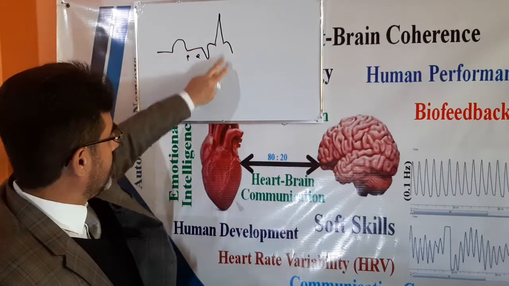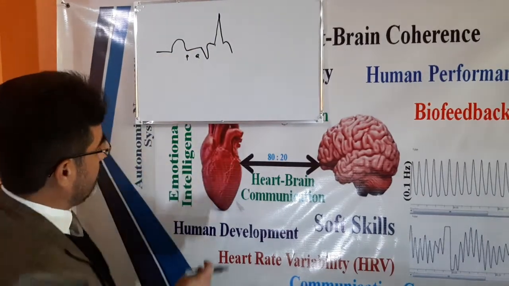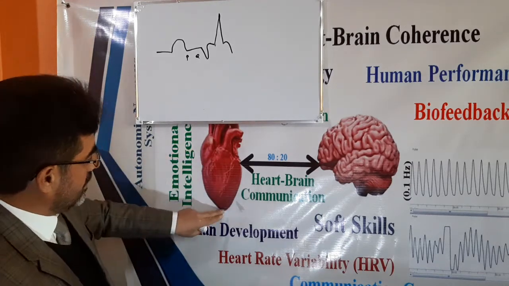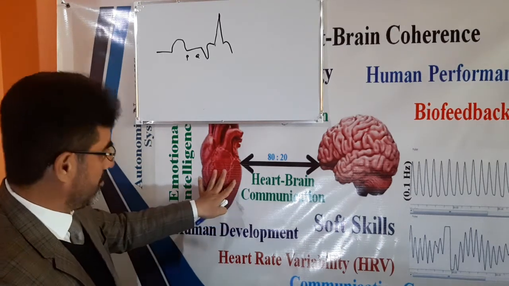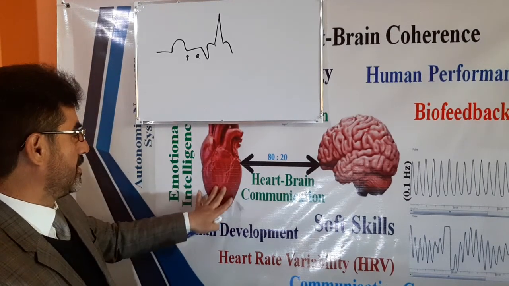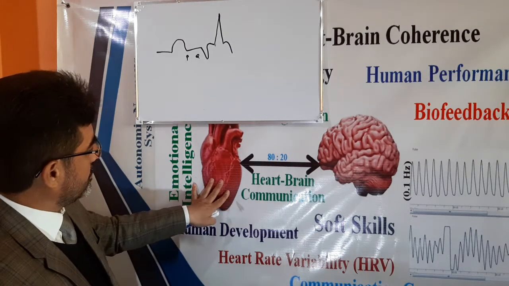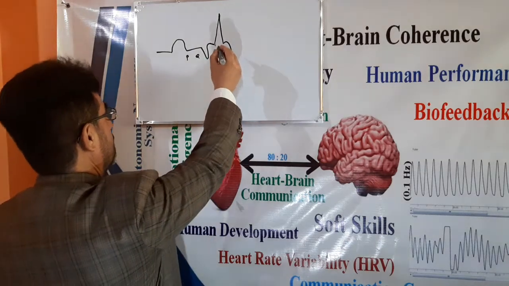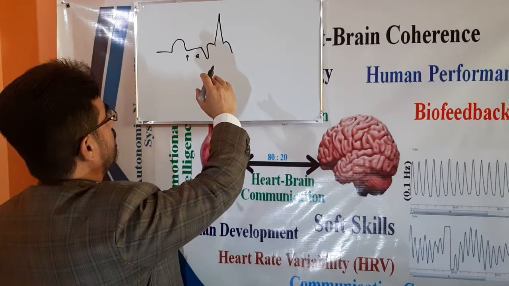Actually, the R wave indicates the contraction of the major part of our ventricles, because when the impulse reaches the Purkinje fibers, and the Purkinje fibers send the impulses to our myocardial section, this contracts the heart. That is the main or major wave of the PQRS complex.